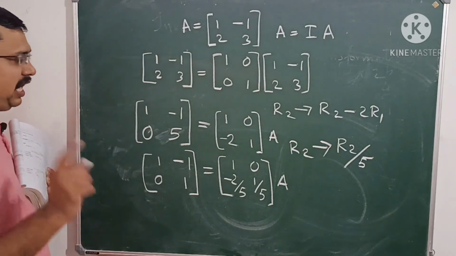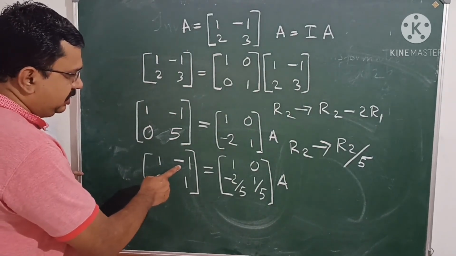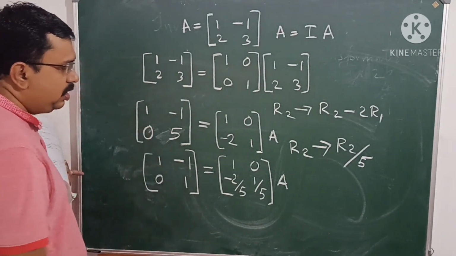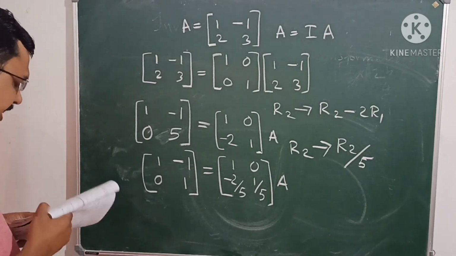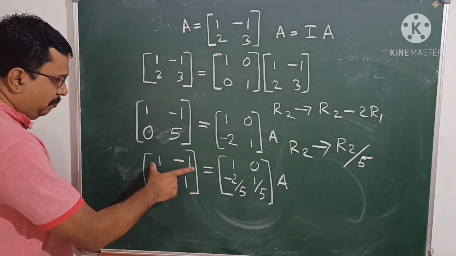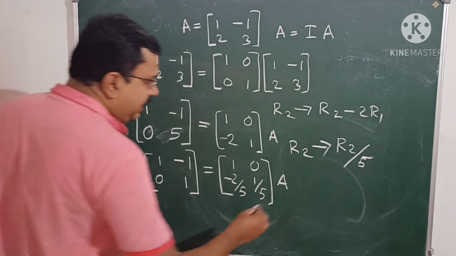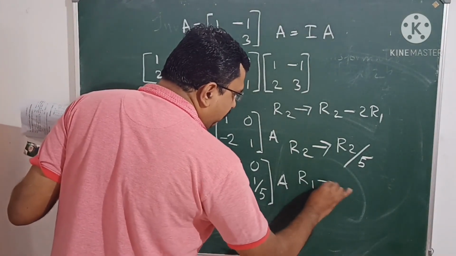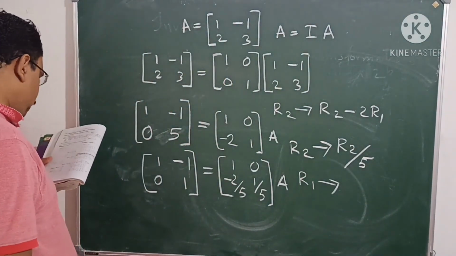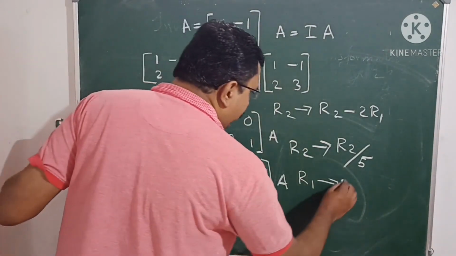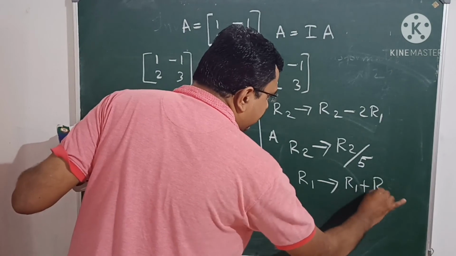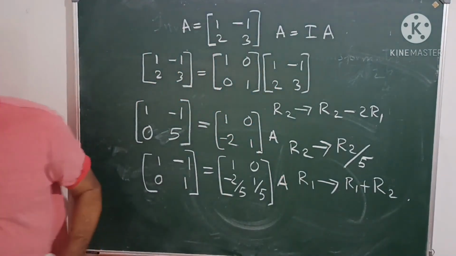Now the last step is we want to convert this minus 1 into 0. How to convert it? Very, very simple. First row plus second row, then it will become 0. That is, our third step is R1 changing into R1 plus R2.